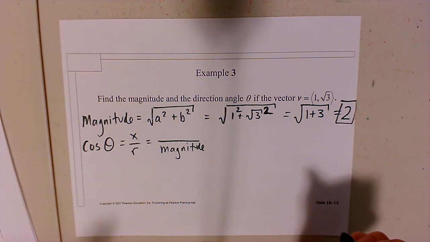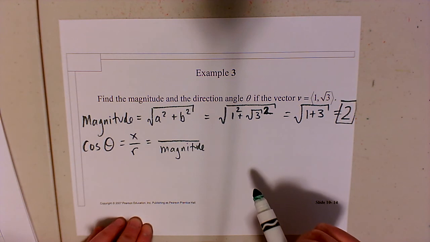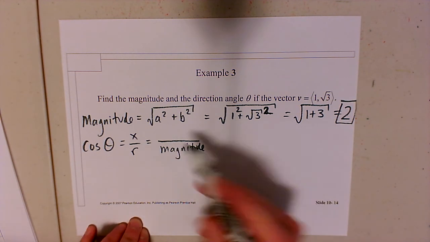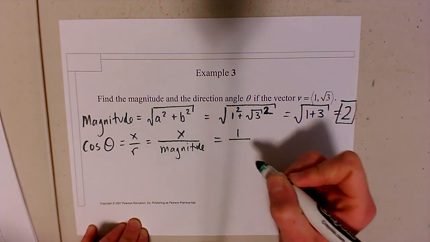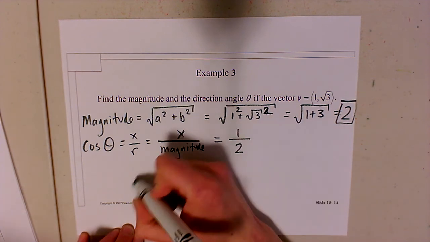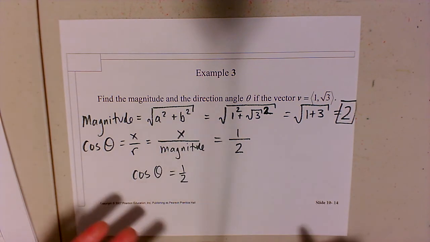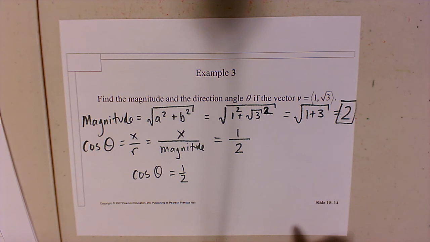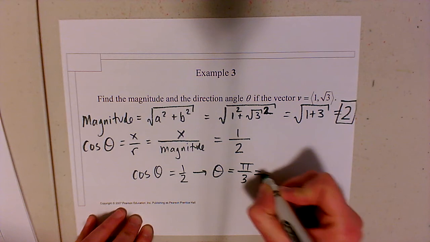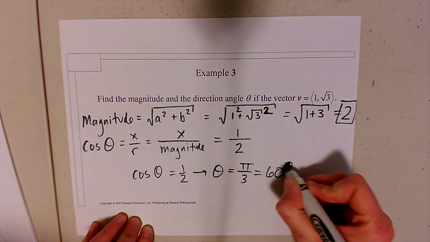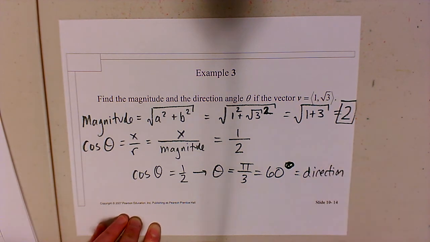Your x is just the x that's given, which is 1. So we have an x of 1, our magnitude is 2, so cosine of theta is 1/2. Where does cosine equal 1/2? If you think back to your special trig values, theta is going to be pi over 3, which is 60 degrees. And so that'll be the direction of your vector.